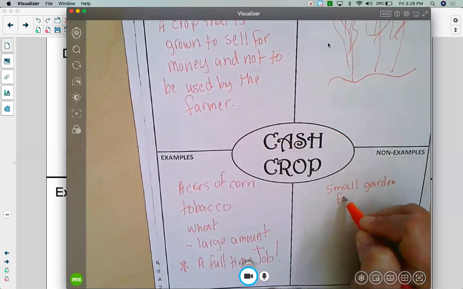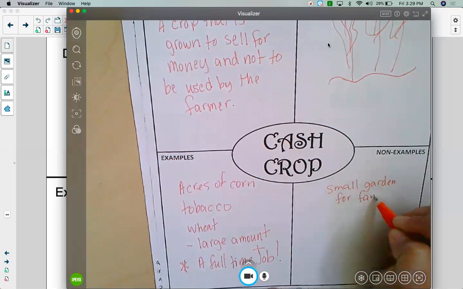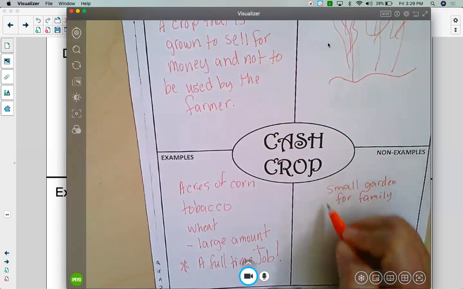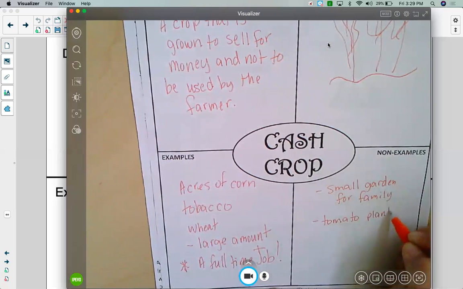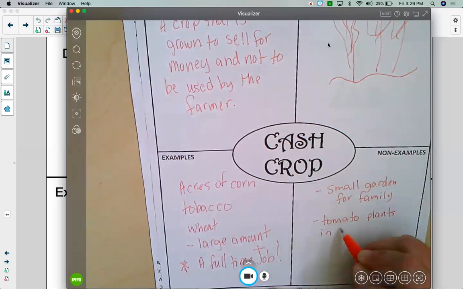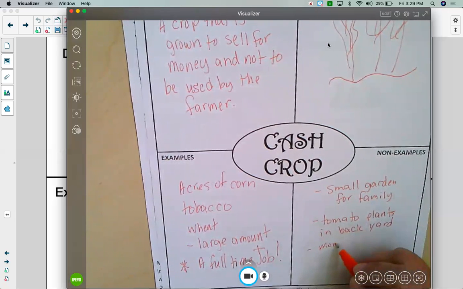Now, some non-examples would be just a small garden for the family. All right, tomato plants in the backyard. A mom growing green beans.